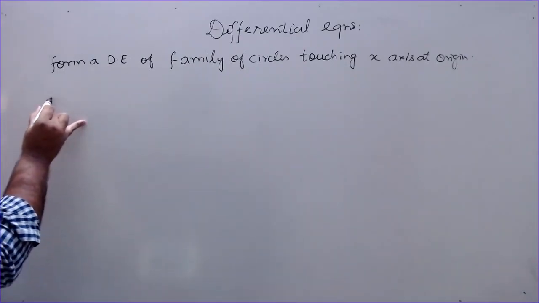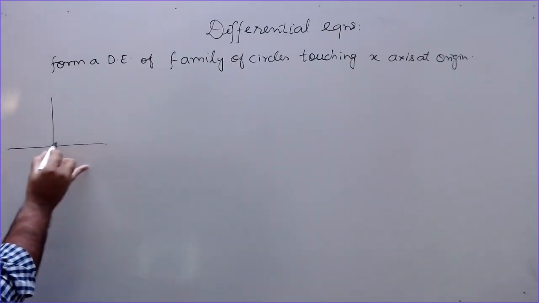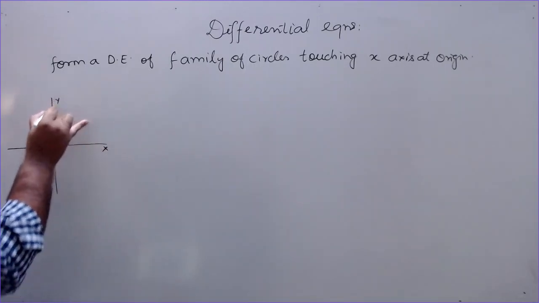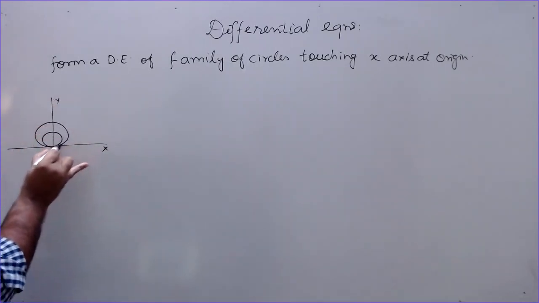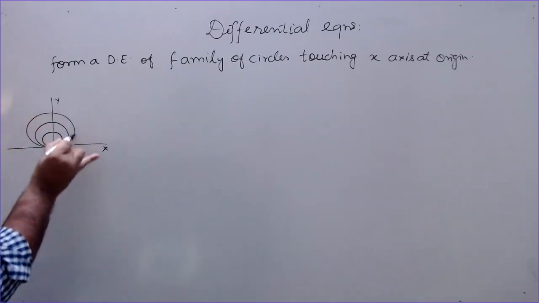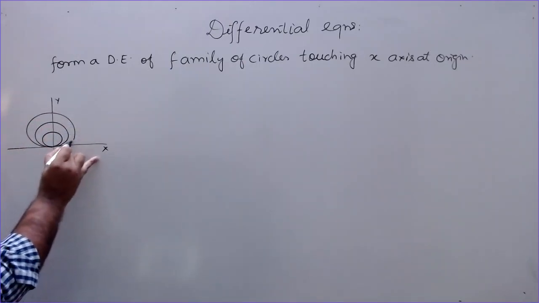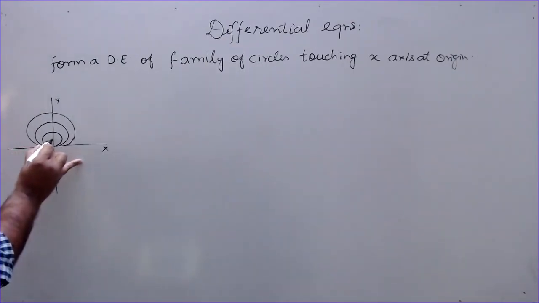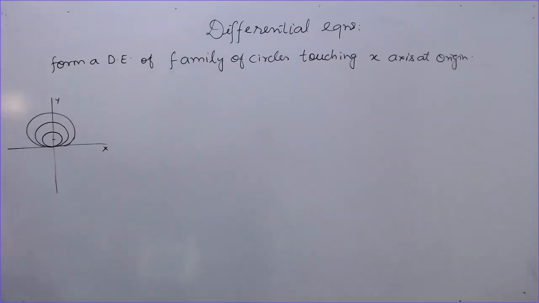If I draw the figure for this, then this is a circle touching the x-axis at origin. Another circle. These are not concentric circles. Similarly, you can show another circle. So we have to find the differential equation for this. This is the center of the first circle.